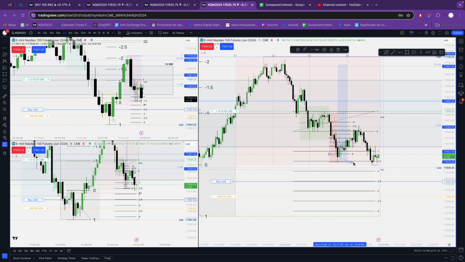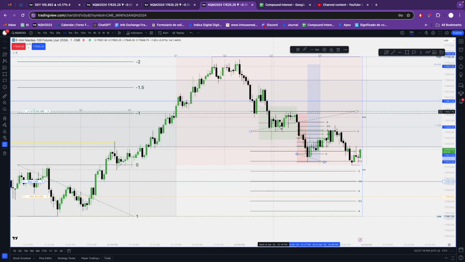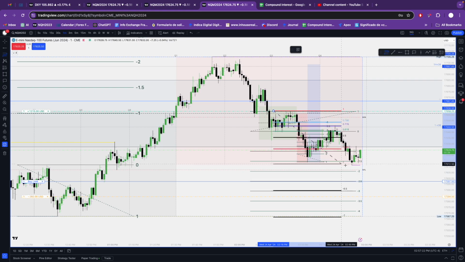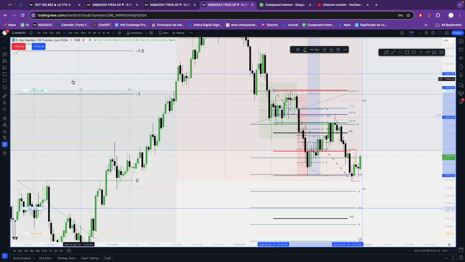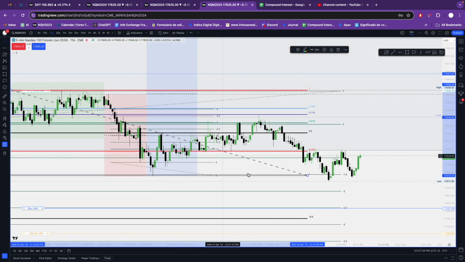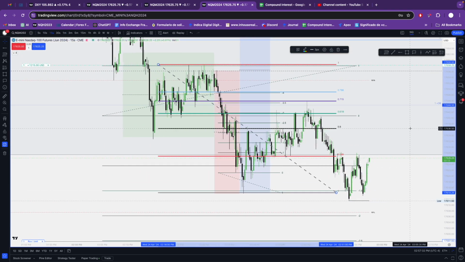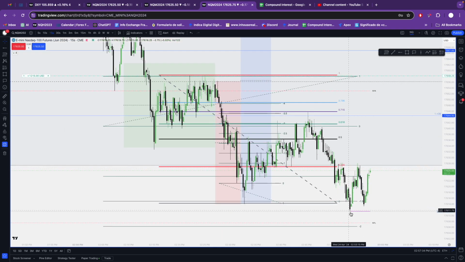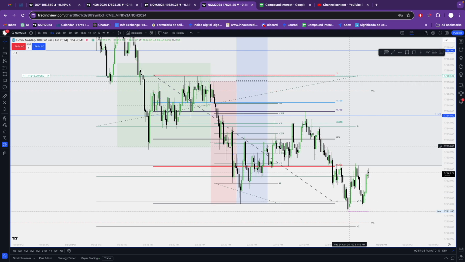All right, so let me show you what I mean here. Take these highs up here, down here, and low time frame. Low, lower low, swing low.